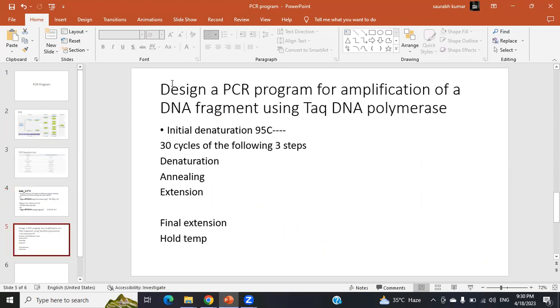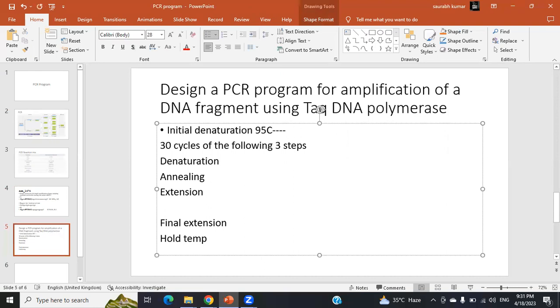Okay, so our question is to design a PCR program for amplification of a DNA fragment using Taq DNA polymerase. So the first stage is your initial denaturation, which in case of Taq DNA polymerase is going to be at 95 degrees Celsius, and the time can be about 5 minutes.